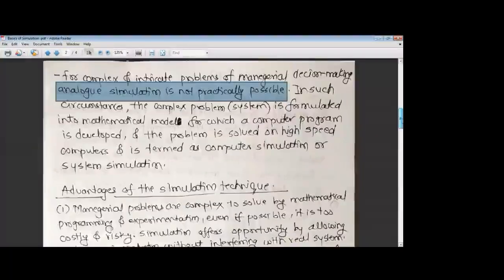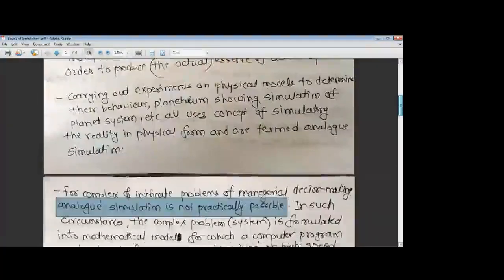For example, for my site I have 50 skilled laborers working, and I have to increase the output at my site. If I want to find out what the output would be if I employ 100 skilled laborers instead of the present 50, how will a physical model help me in that case? Therefore, this analog simulation is of no use.